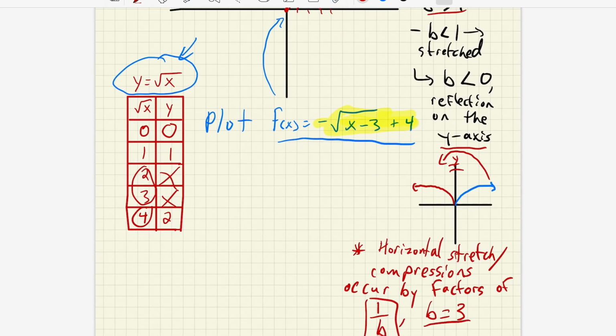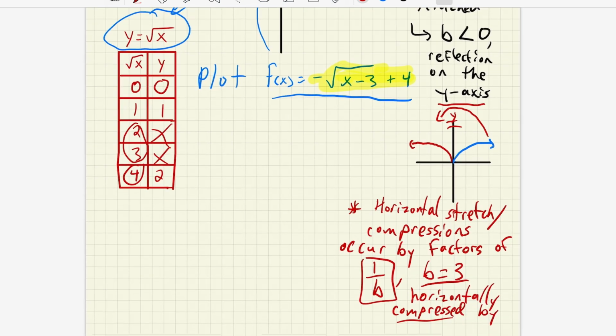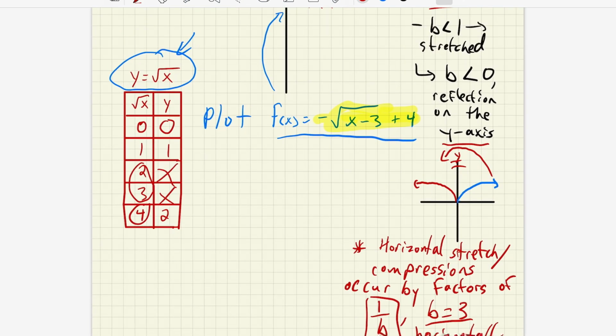Then your graph is going to be horizontally compressed by a factor of 1 over 3.